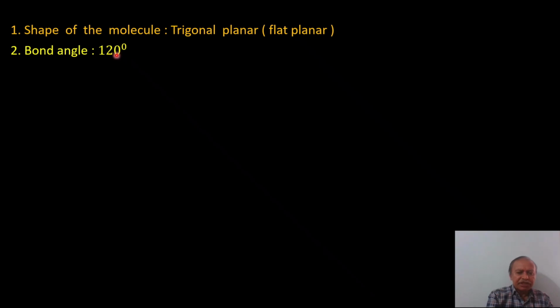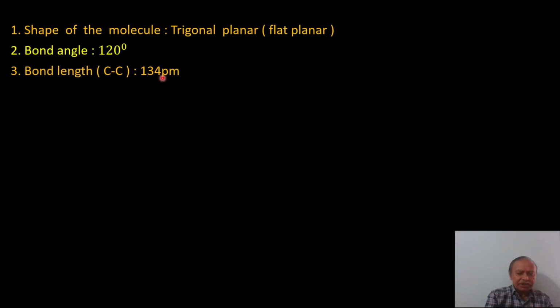We can find that it is 120 degrees because the three hybrid orbitals are oriented at an angle of 120 degrees. So for that reason, the bond angle is 120 degrees.